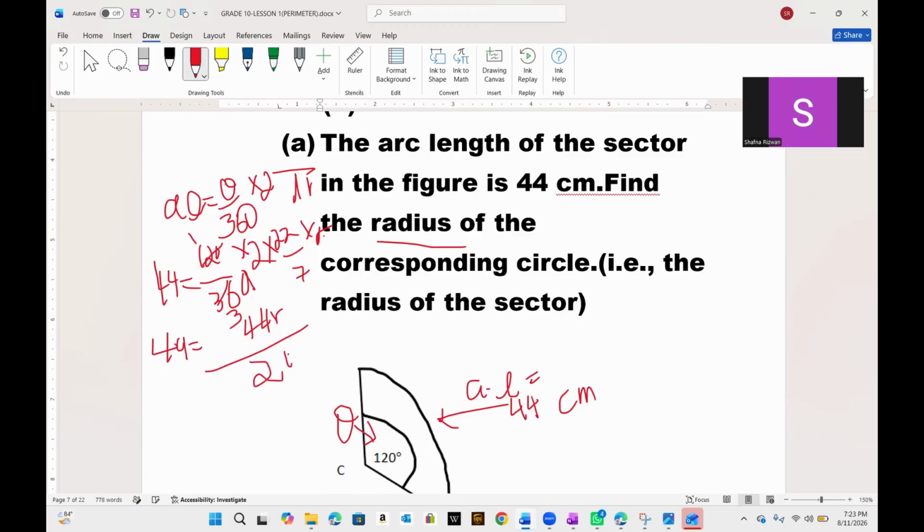Okay, now what you all can do here is, in this side you're having 44r over 21, which means here you have r, right? Near r is 44. What did you do to become 44r? You multiplied, no? So if you are multiplying something here, now I have to find r. If I have to find r separately, I have to take it to the right hand side.